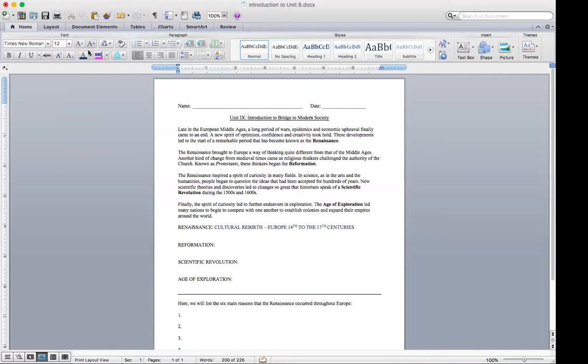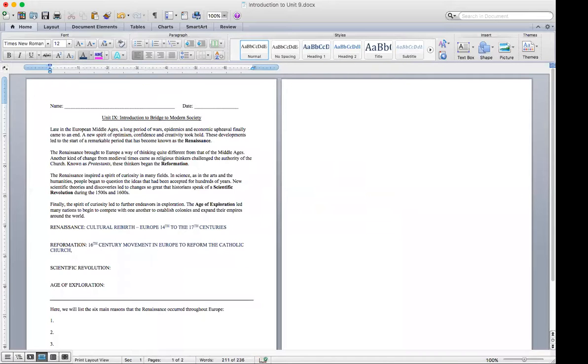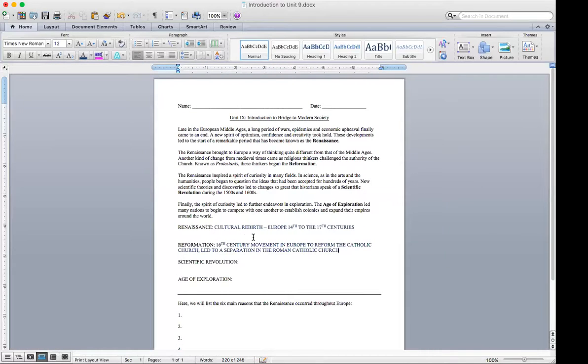The Reformation was a 16th century movement in Europe to reform the Catholic Church, and it led to a separation from the Roman Catholic Church.